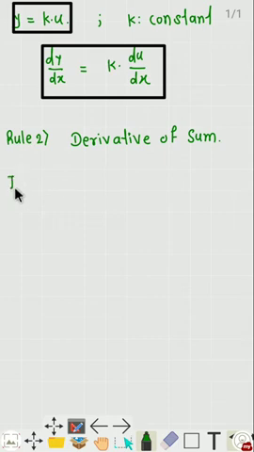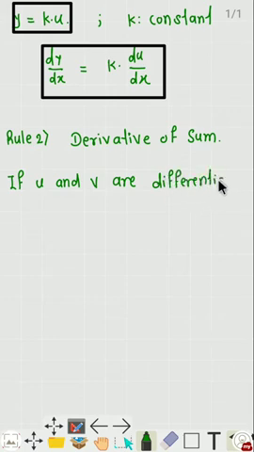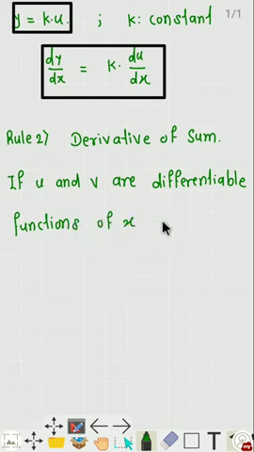Okay, if u and v are differentiable functions of x, and if y is equal to u plus v, means y is addition of u and v, then what?